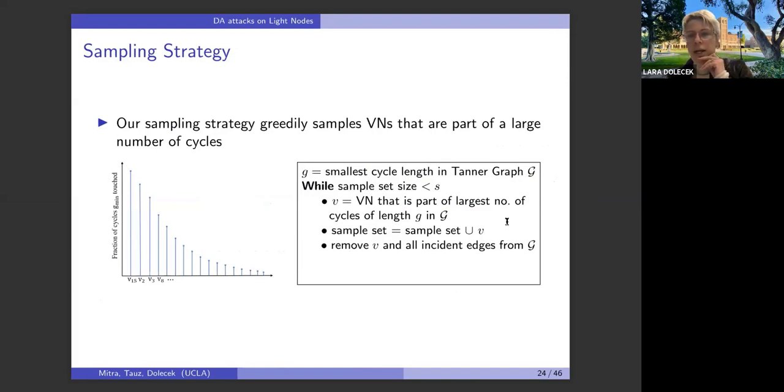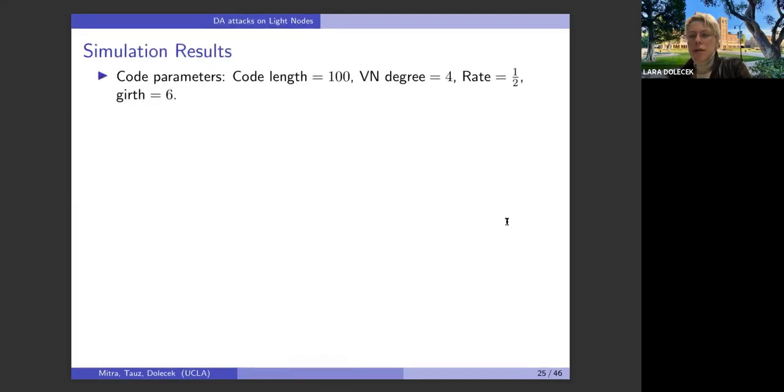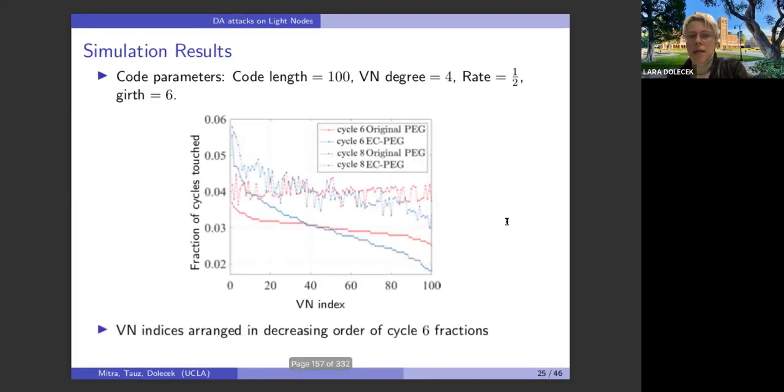In our sampling strategy, we then want to greedily sample variable nodes that are a part of a large number of cycles, so we can order them because now this is no longer uniform, it's a concentrated distribution. So we start with the one that has the highest fraction of cycles that it touches. We move on to the next one and the next one and so forth until we exhaust our sampling budget. And so here are some representative simulation results.